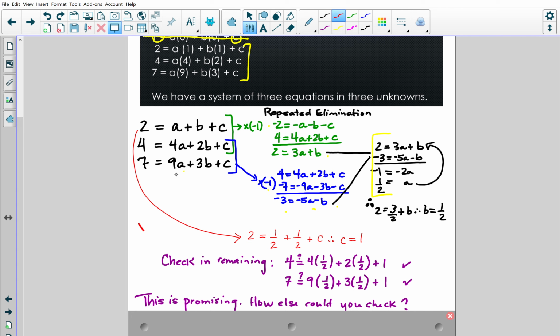Then the function is, and I didn't write it, and I should have written it, the function would be a sub n is equal to, what was a here? 1/2 n squared plus b was 1/2 n plus 1. Okay? So that is the function. So we could plot those points and then see if that ran right through it.